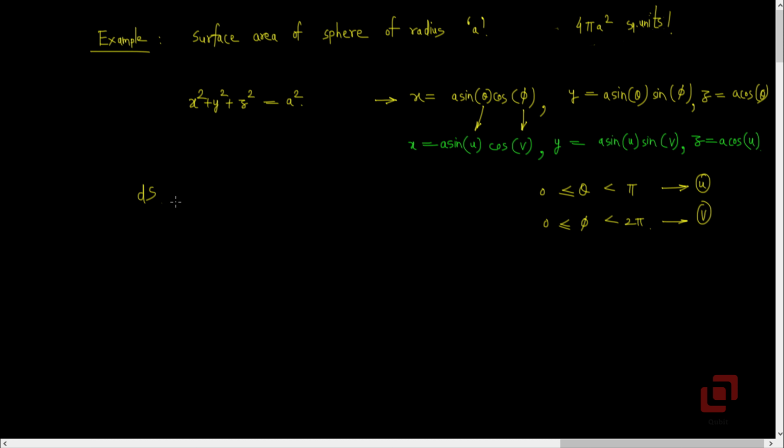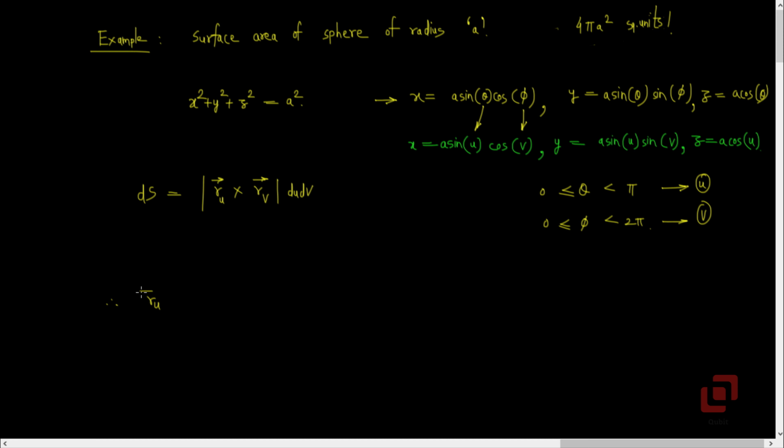The formula for dS, which we derived in the previous section, was mod of the partial derivative of r bar with respect to u cross the partial derivative of r bar with respect to v, into the differentials du dv. Let us first find out the cross product of the partial derivatives and then we will substitute it here.